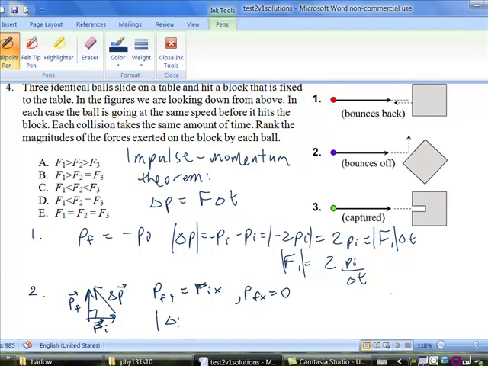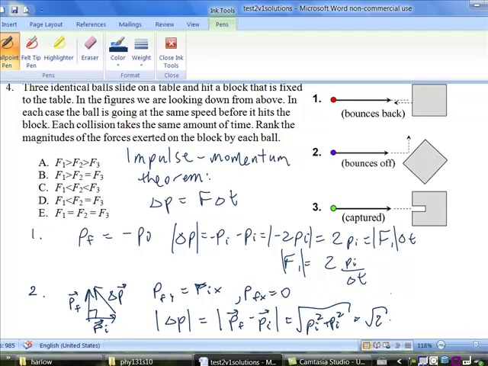So the absolute value of delta P in that case is equal to the absolute value of this subtraction of these two vectors, which are perpendicular. So it's going to be the square root of P initial squared plus P initial squared. That's how you're going to find that triangle.